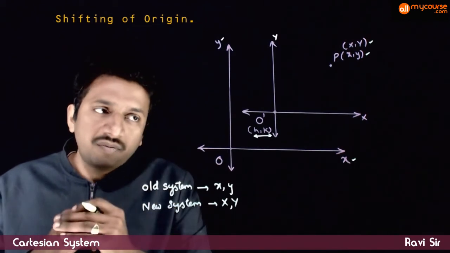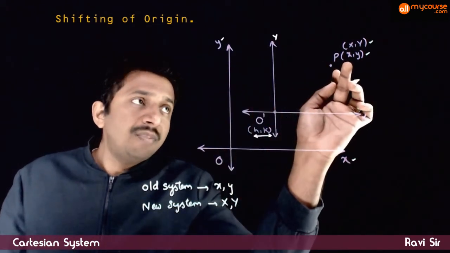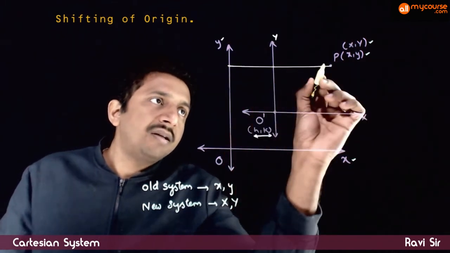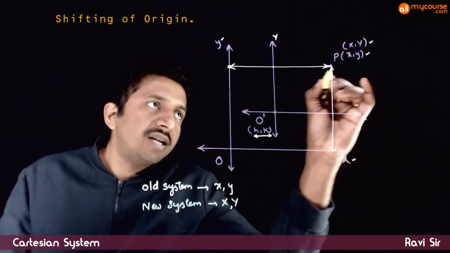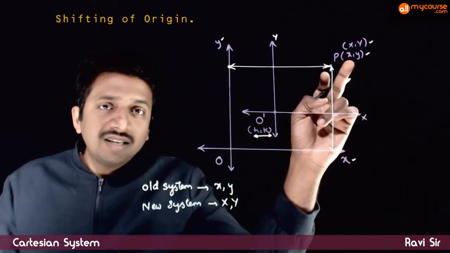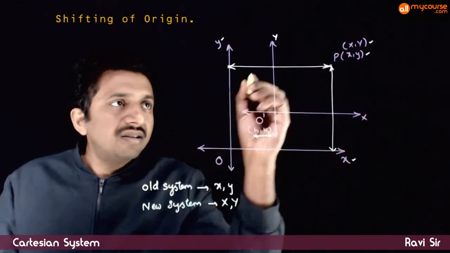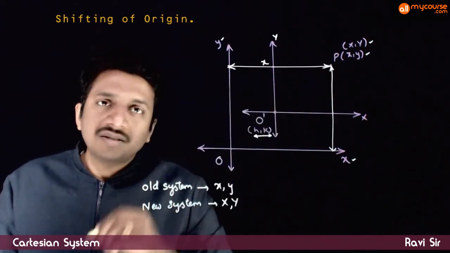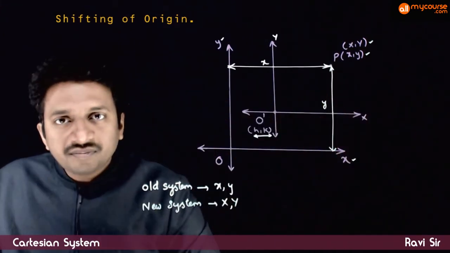It's very straightforward. Let us see. You can see that the numbers small x small y are nothing but this distance and this distance, right? Small x is the distance of this point from the old y-axis. So this total distance is small x and this total distance is small y.